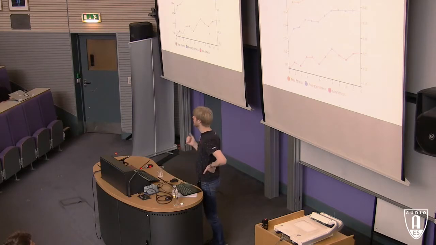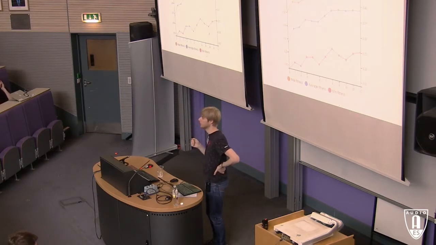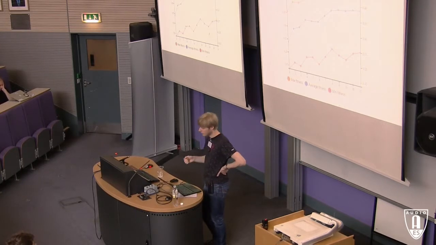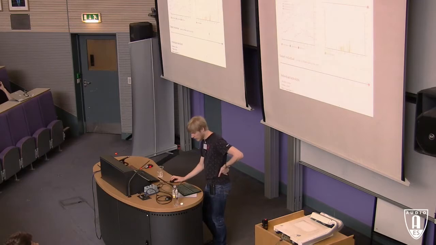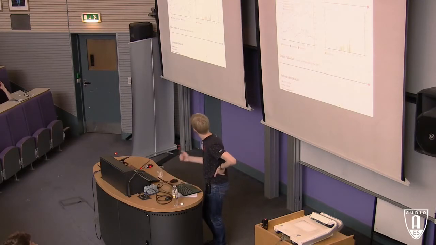Now, this is a screenshot from my visualization tool that I created to ease the process of evaluating the results that my algorithm is creating. And I want to demo that for you. In this example, I'm using a synthesizer sound for input and the drum loop, as we heard before, as target sound.